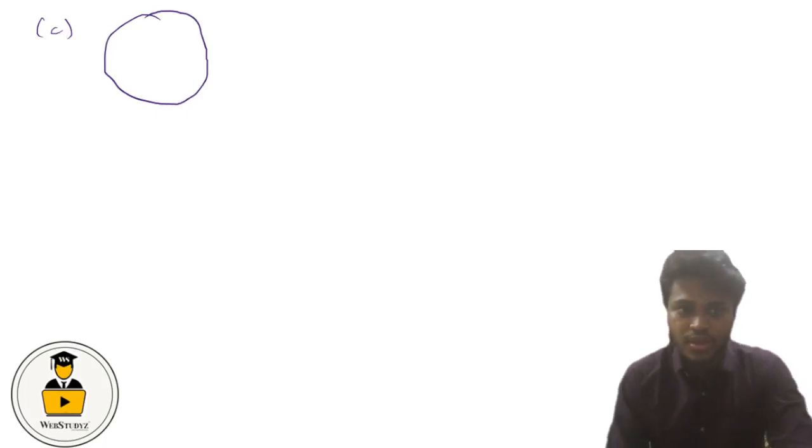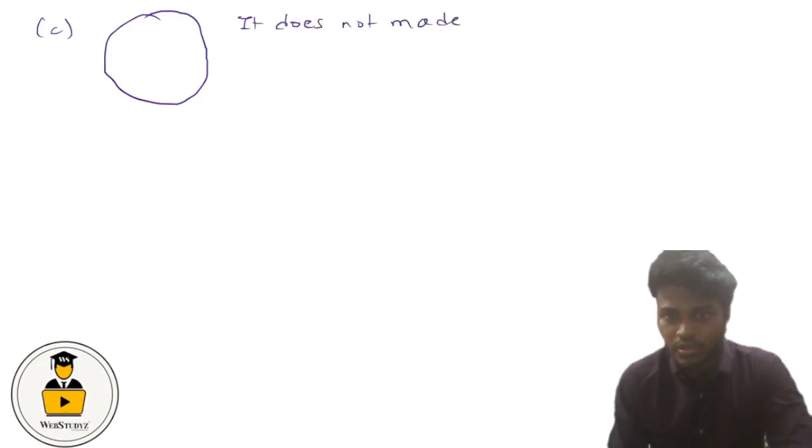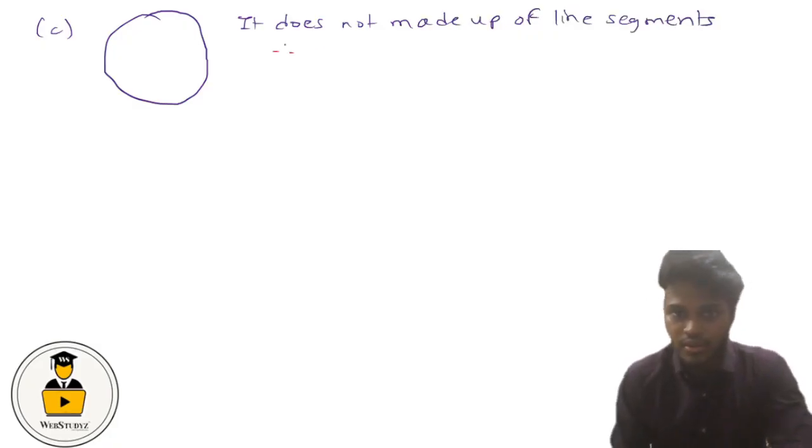It also satisfies the second condition, that it is a closed figure, but it does not satisfy the third condition, that it is made up of line segments. So it is not made up of line segments. Therefore, it is not a polygon.